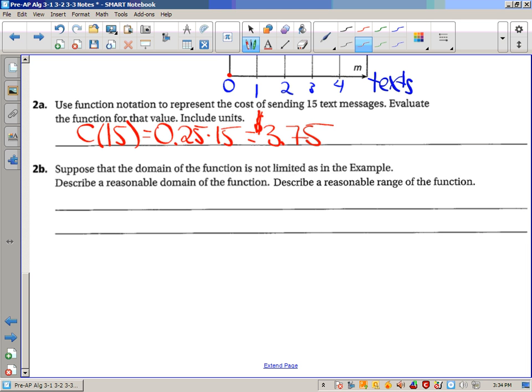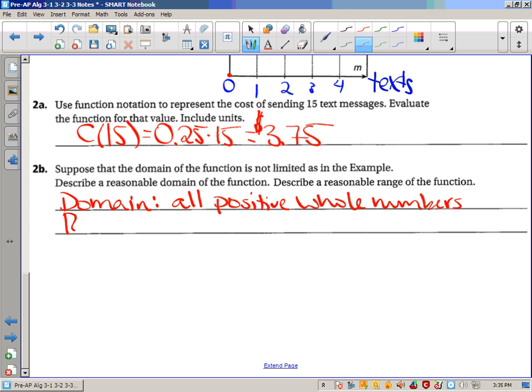You can't send more than maybe one text message a second. But we could just say that our domain is all positive whole numbers. It's also called natural numbers. If you say natural numbers, that also means positive whole numbers.